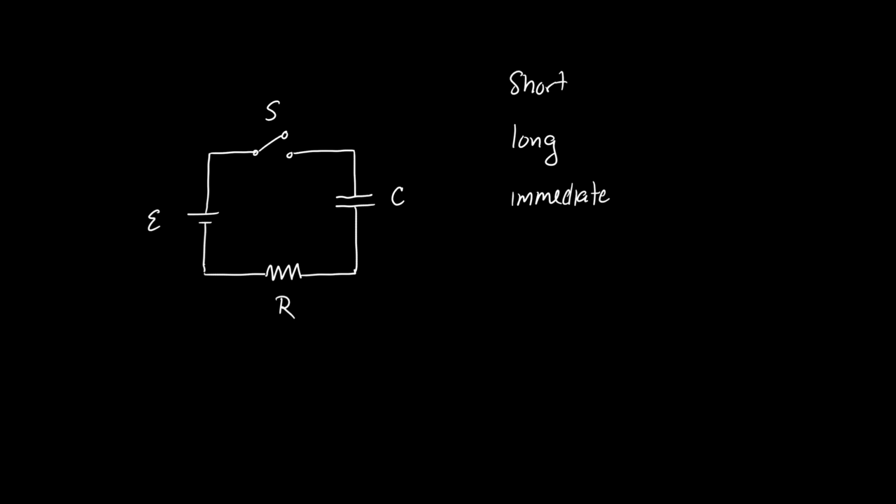And this is pretty common on the exam. Long time means we get to a point called the steady state condition, meaning whatever you're hoping will happen has happened and nothing is changing in your circuit anymore. Immediately refers to the instantaneous moment you change something.